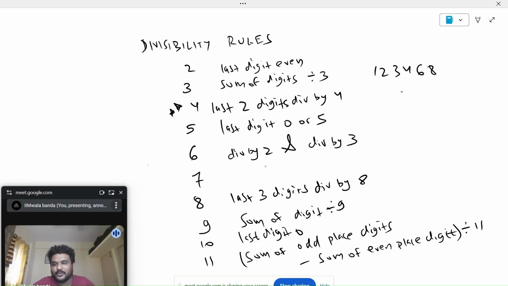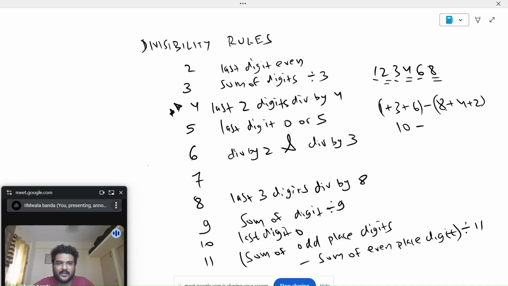Now I want to see if it is divisible by 11. Take these numbers 1, 3, and 6, and take the other place numbers 8, 4, and 2. Doesn't matter, you can take 8, 4, and 2 first also. It can be positive, it can be negative. I am only concerned about the number that comes.